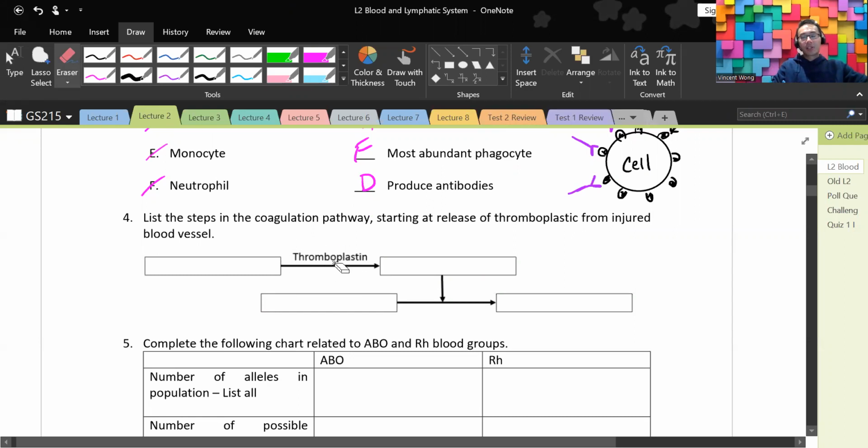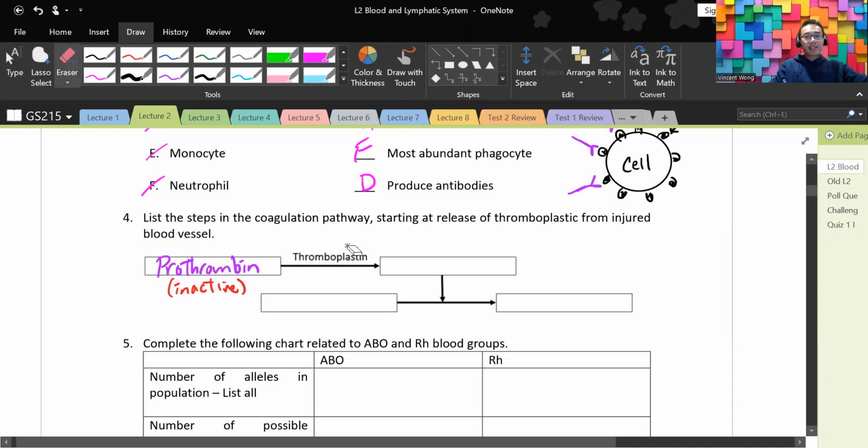It only goes into your blood when you damage a vessel and the underlying tissue is exposed. The thromboplastin will convert prothrombin. Prothrombin is inactive and is part of your plasma protein. It just circulates in your blood.